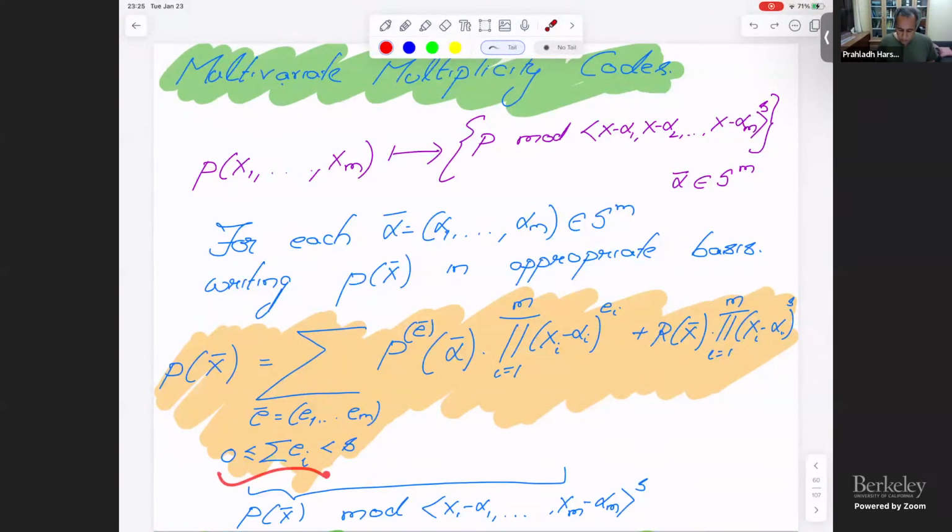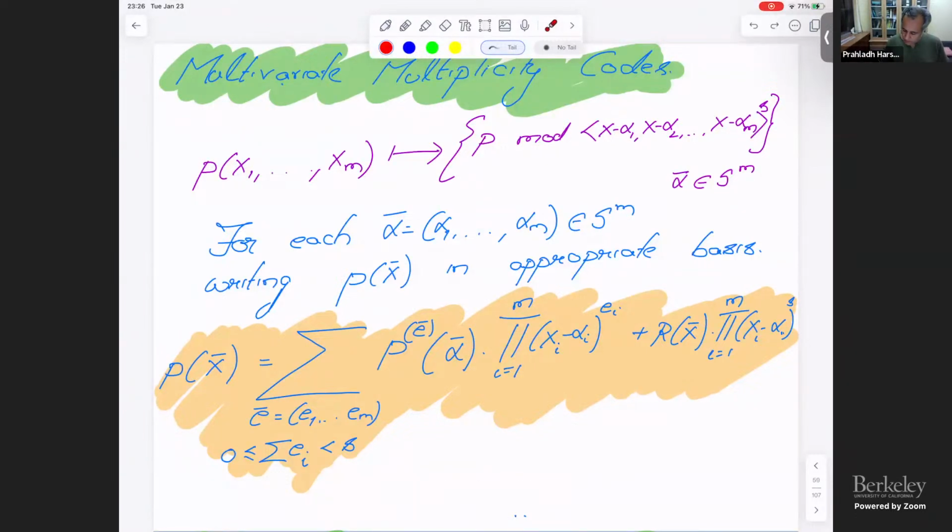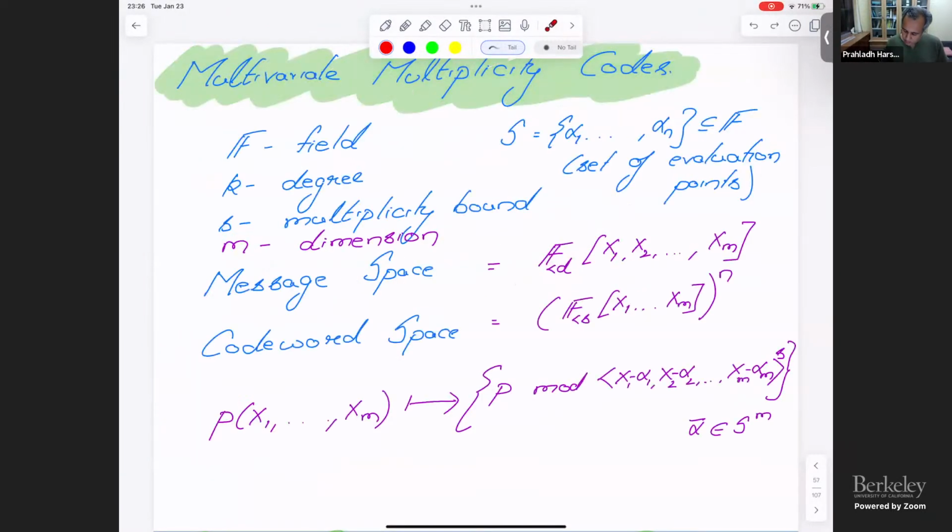This is the symbol corresponding to a particular alpha bar. We'll do this for every alpha bar in the grid S to the m. That's how the multivariate multiplicity code is presented. You give this large symbol. Basically, this is going to be a polynomial from this space.